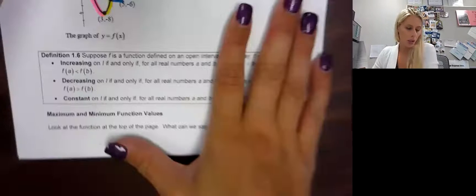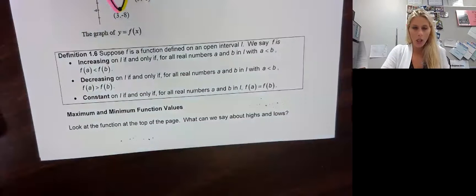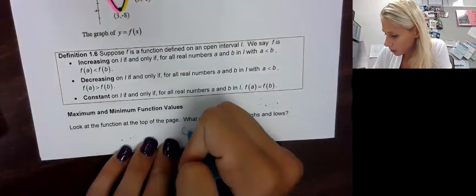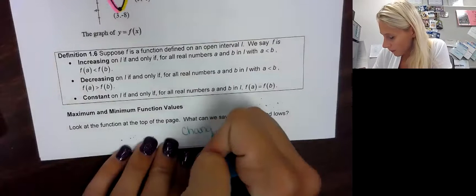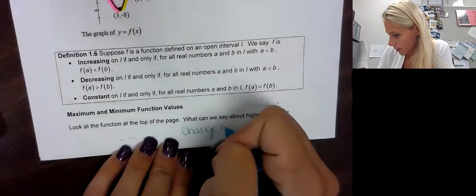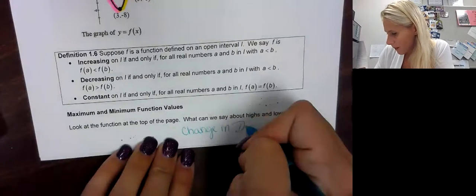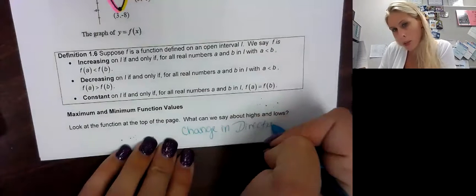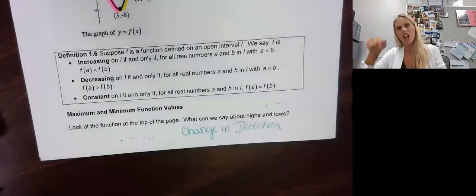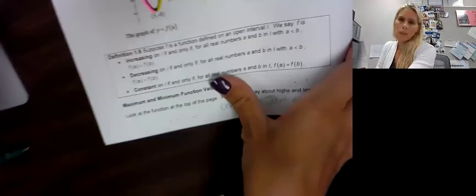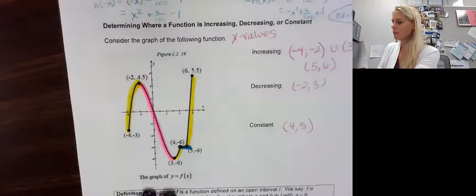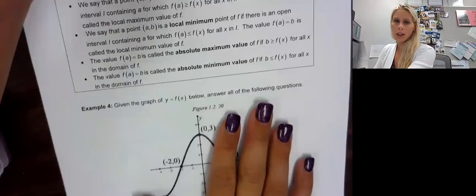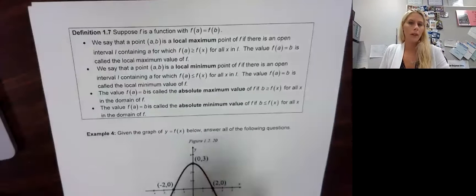So in other words, there's a high and a low where there is a change in direction. I can tell this by when I look at my graph because those colors are changing, right? Sometimes that's why I like using colors.